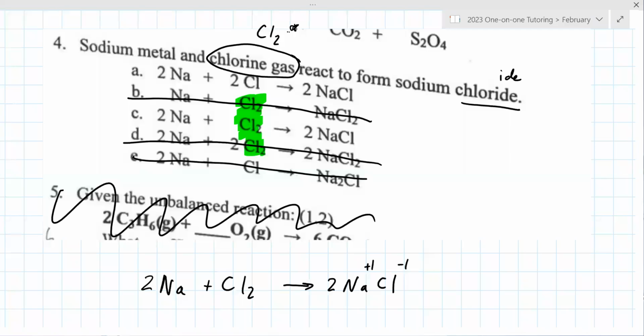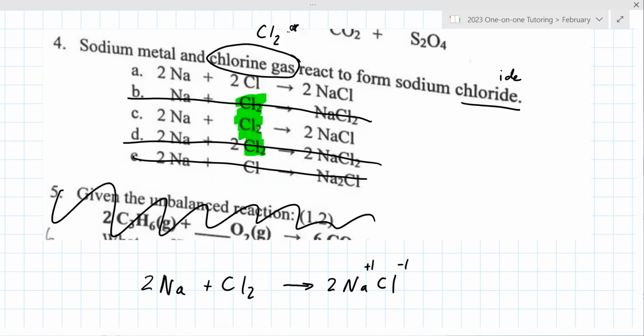Then you have to balance. So now I have a table. Na, Na, Cl, Cl. On the left, I've got one Na and two Cl; on the right, one Na and one Cl.